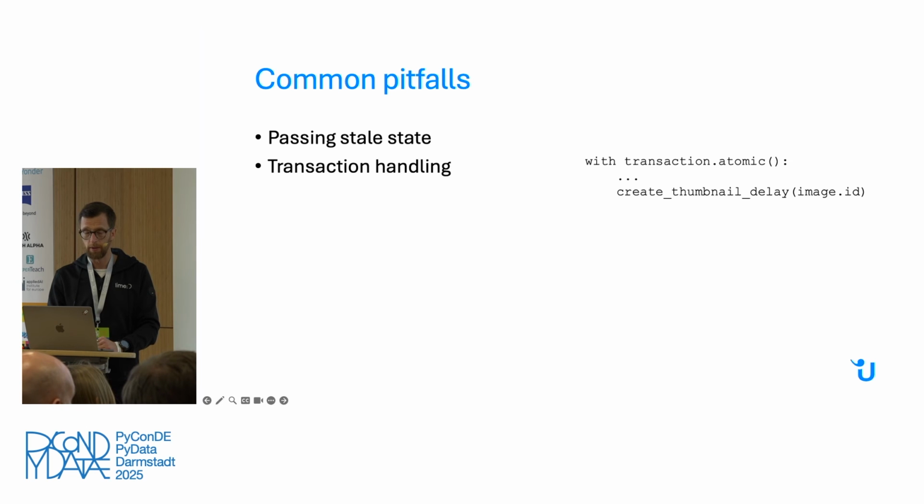Let's say you're using transactions, which you hopefully do. Let's say you're creating your image in a database transaction, and then you schedule a task. If your system is fast enough, it might start executing your task before your image is saved in the database, before the transaction has been committed.